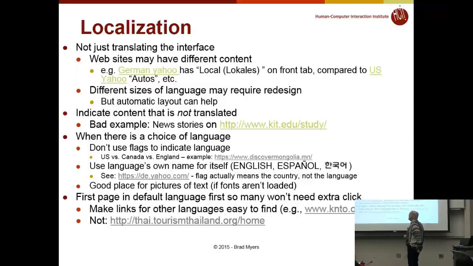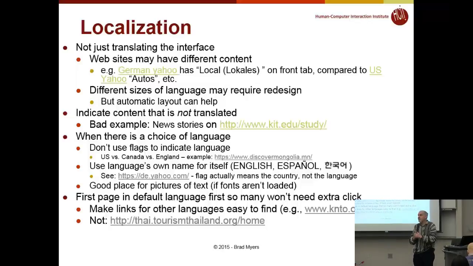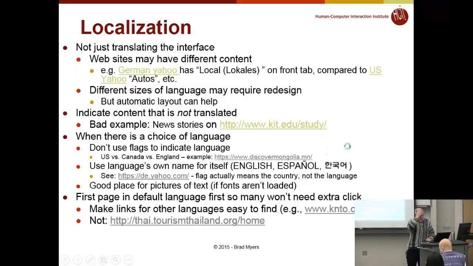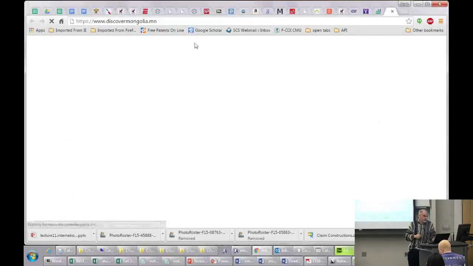The general guideline is, if you're going to have foreign language pages, you should not use flags, because lots of different people use the same foreign language. So this is Discover Mongolia. Which apparently is far away.